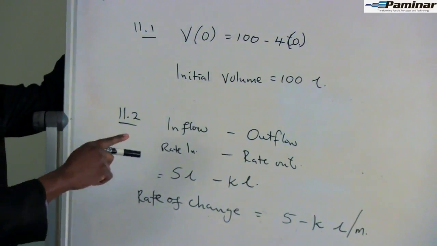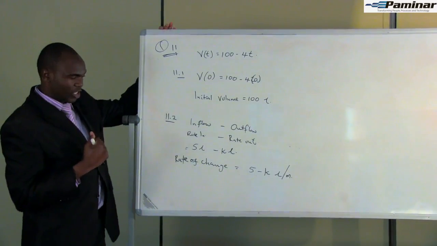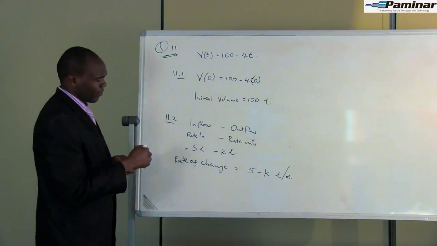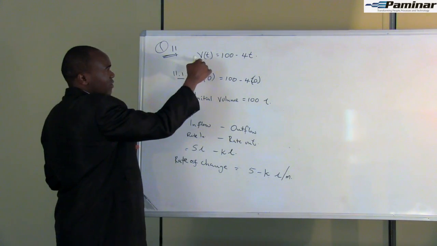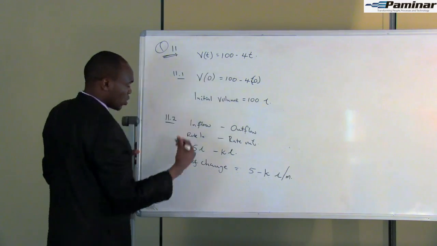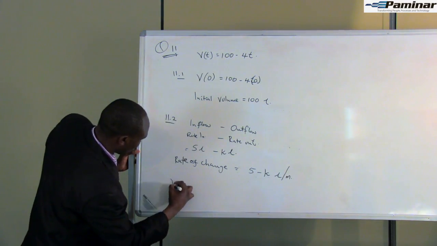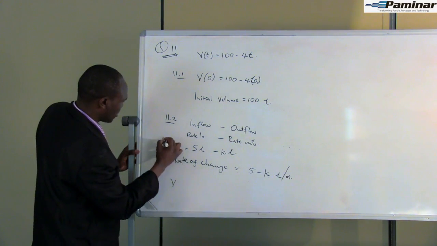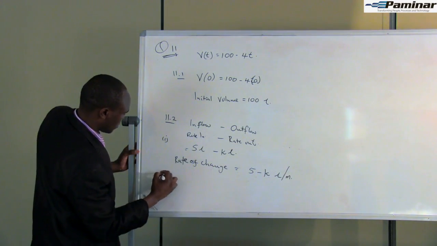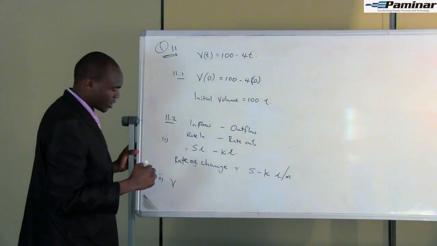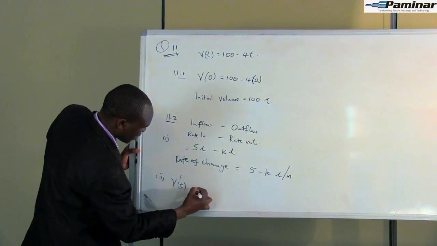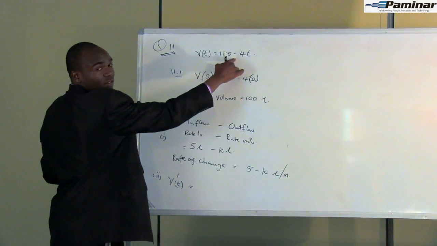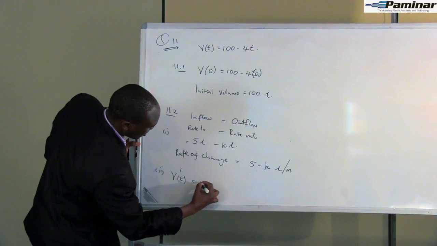This is the first one. Remember, there are two expressions. The other one: remember, V at time T. We can also use that one. This is 1, this is 2. The second will be the derivative of V at time T. What are we going to get?